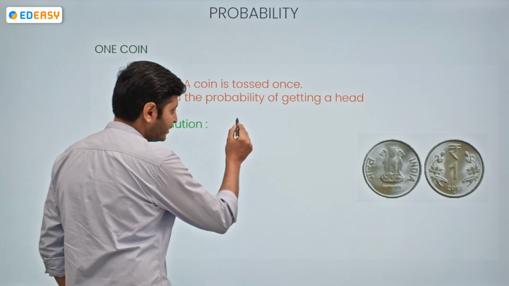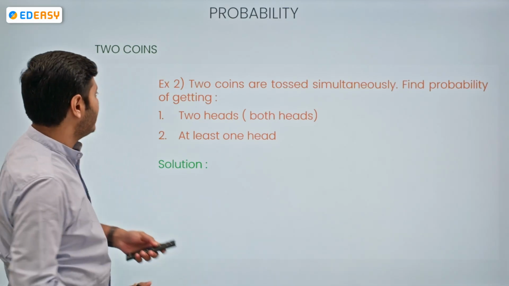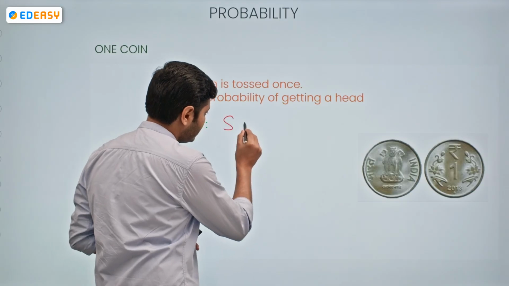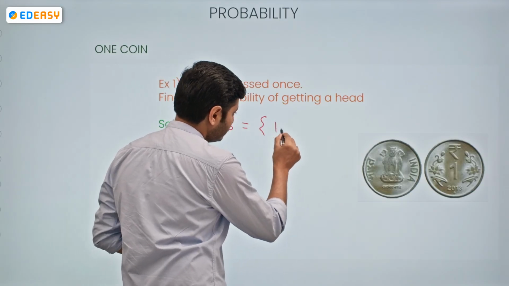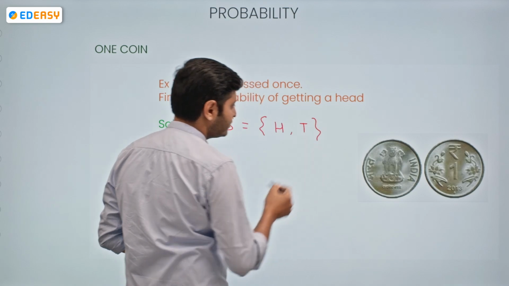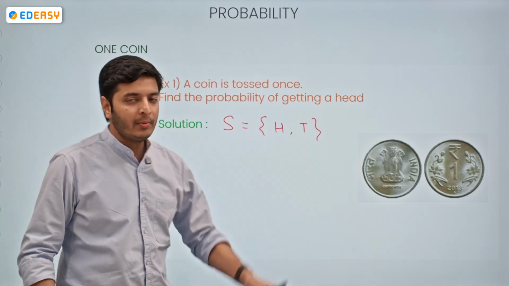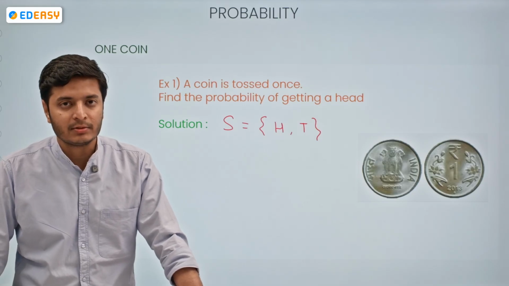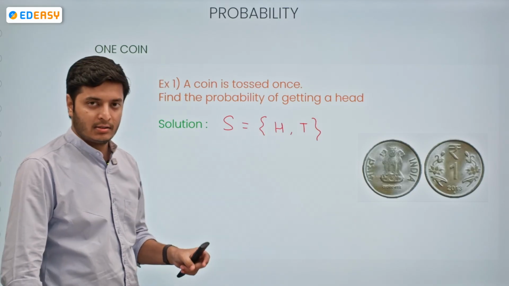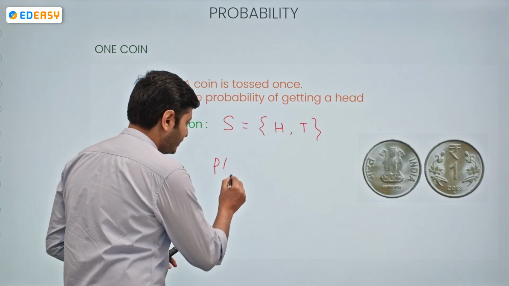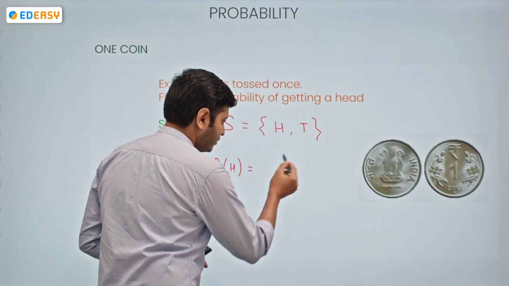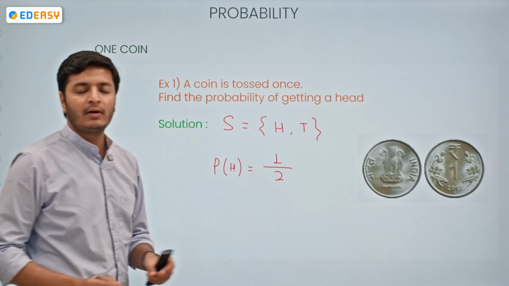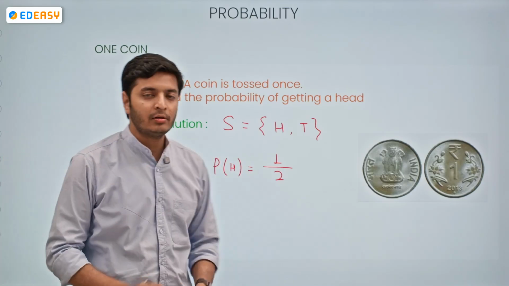So the sample space here is heads and tails. So how many total outcomes can there be? Two. And how many favorable outcomes? Only one, because we need heads. So the probability of getting heads is the number of favorable outcomes by the total number of outcomes, 1 by 2. So this is the probability of getting heads.